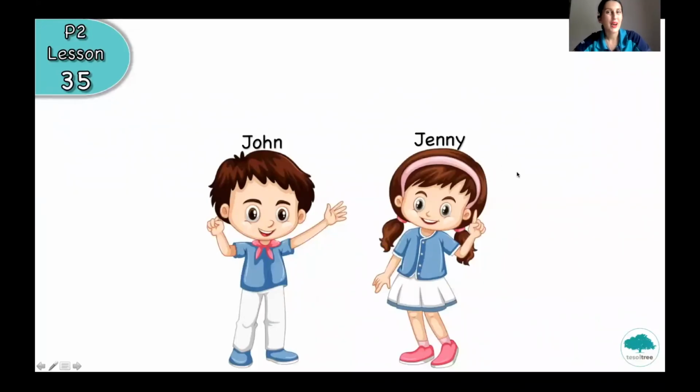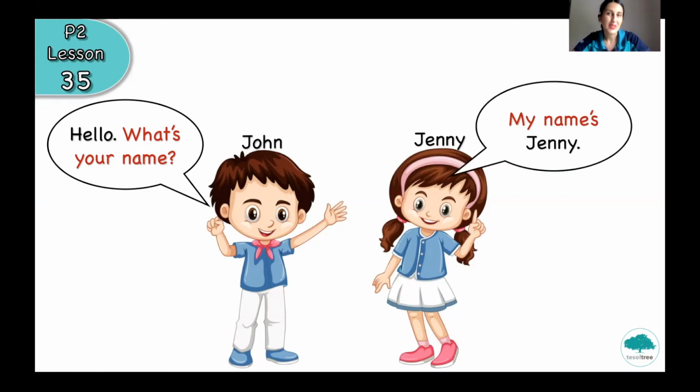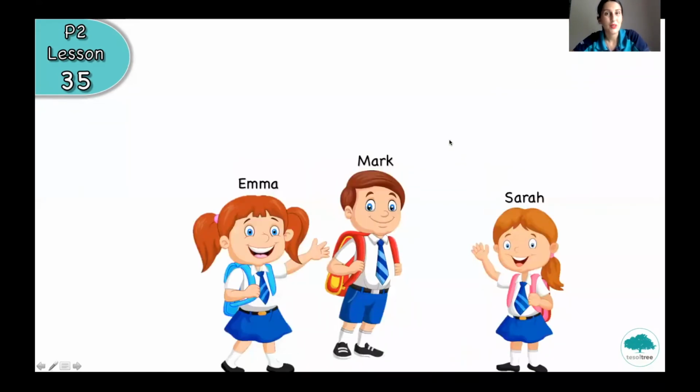Okay, P2, now I can read the whole conversation of John and Jenny. So let's read together. Hello, what's your name? My name's Jenny. How old are you? I'm 9. Very good. Okay, let's have a look at these pictures. We have Emma, Mark, and Sarah.